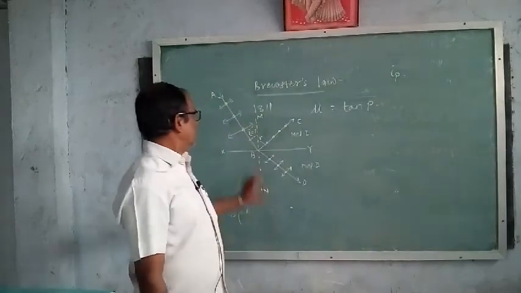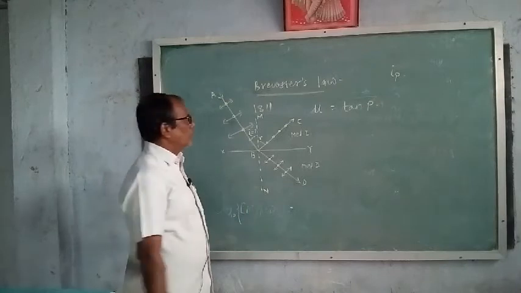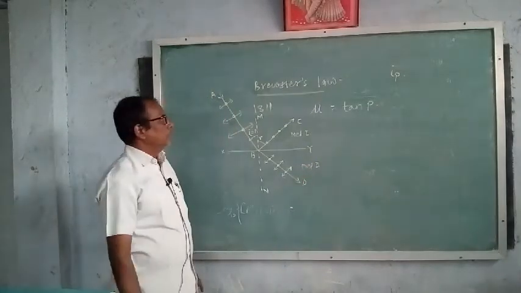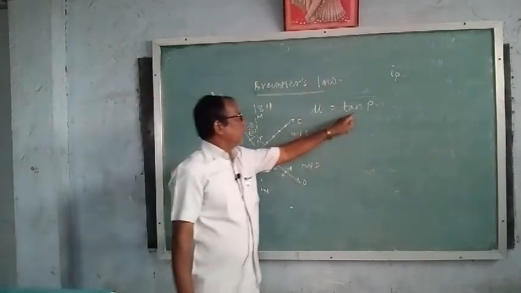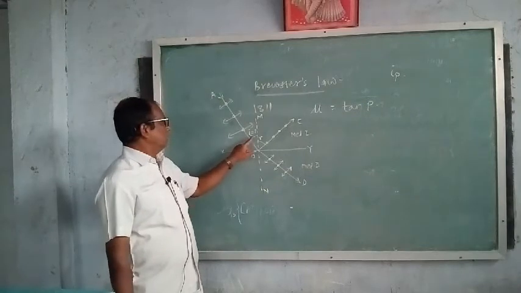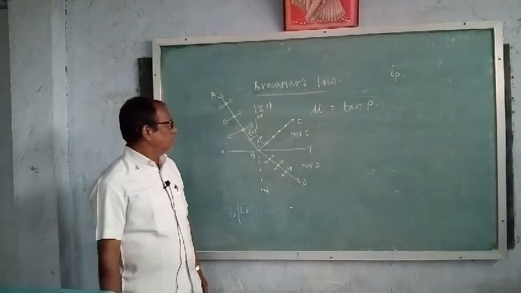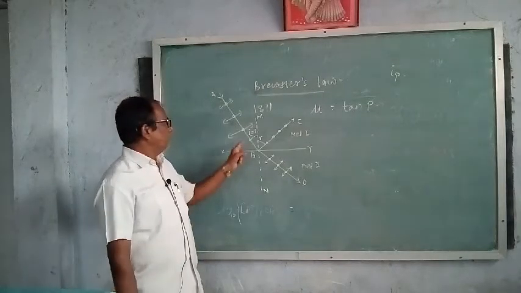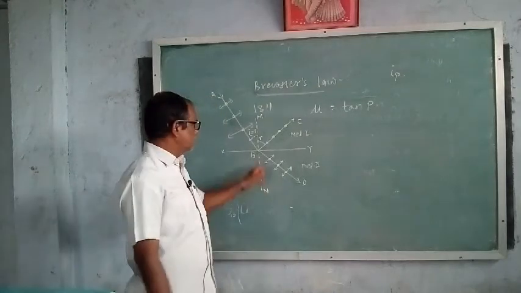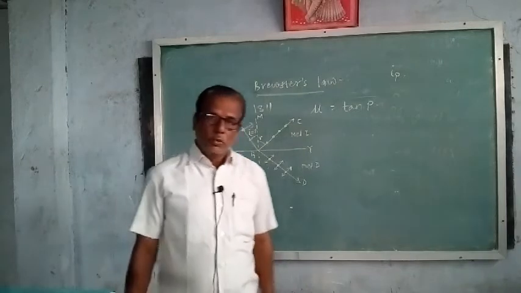This is the polarizing angle, and according to Brewster's law, we have to prove the refractive index of this medium is equal to the tangent of the polarizing angle. So first, it is clear what is polarizing angle. Define polarizing angle: it is the angle of incidence at which the reflected light is completely polarized.